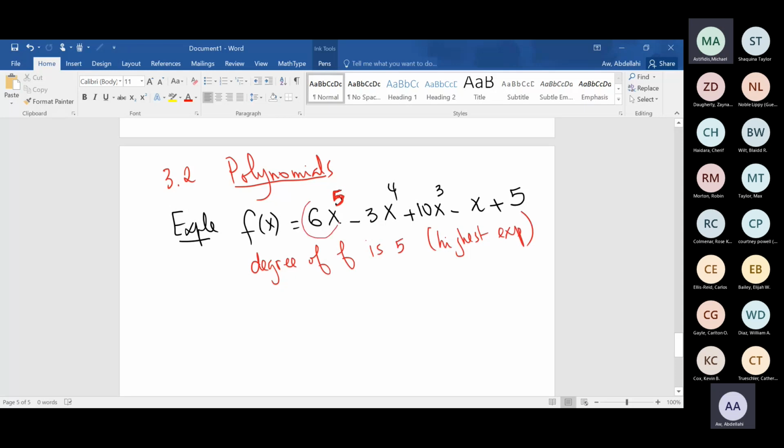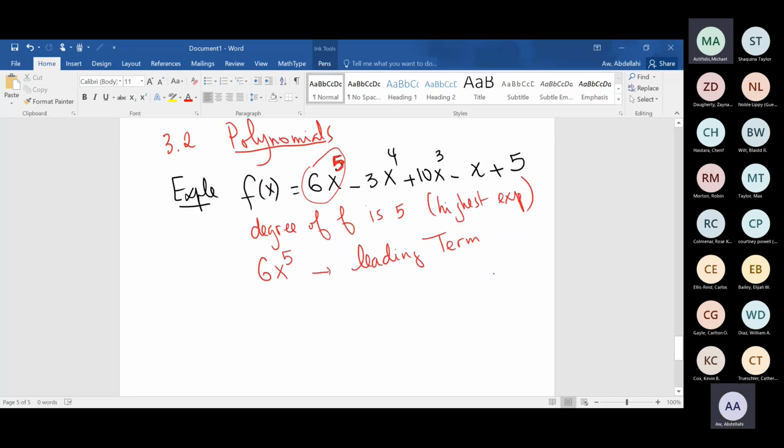This one right here, 6x to the 5th, is called the leading term. Okay? And the numbers in front of the variables are called coefficients of the polynomial.